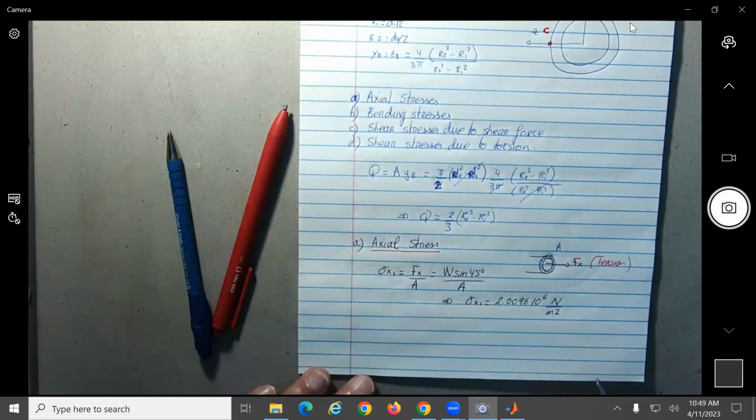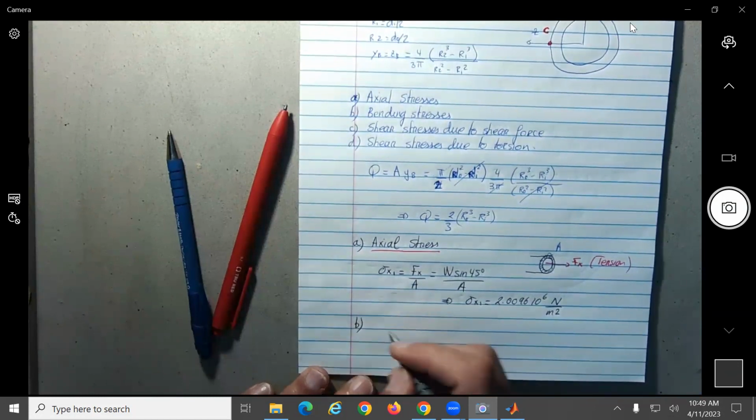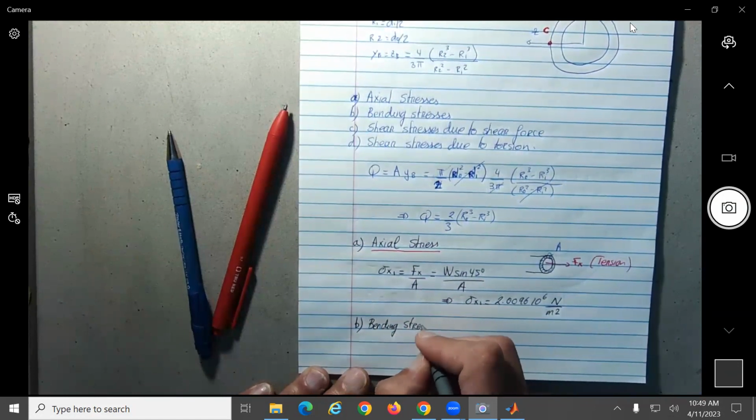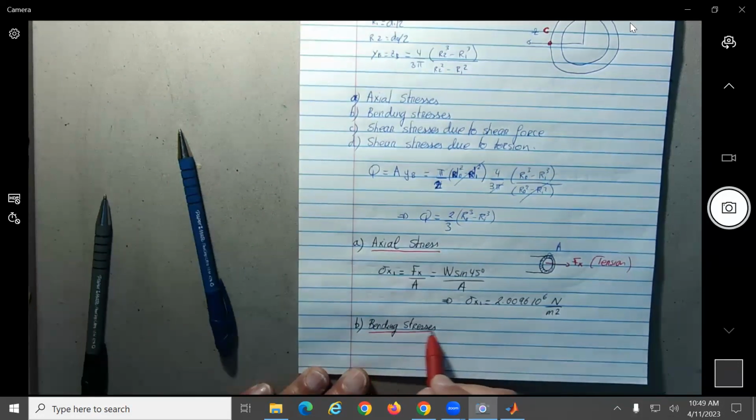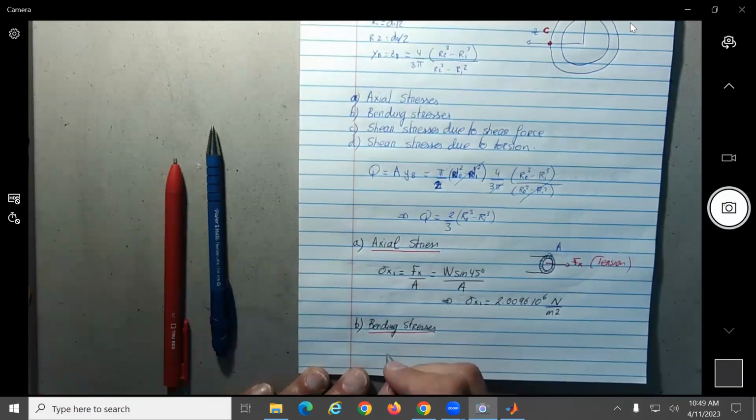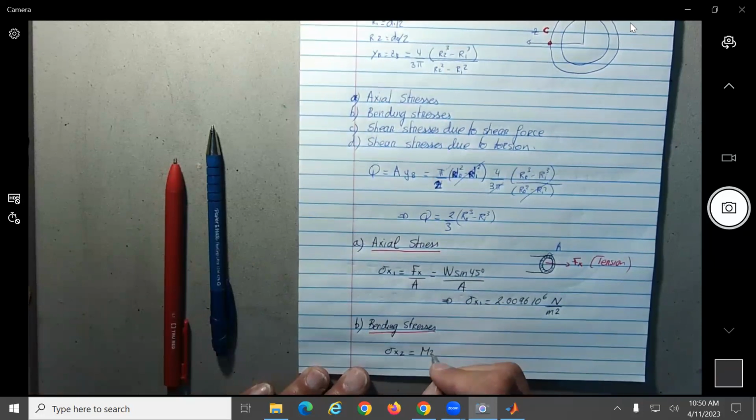All right. Next, B. Find the bending stresses. In this case, this should be a stress in the axial direction due to bending. So it will be equal to MC.